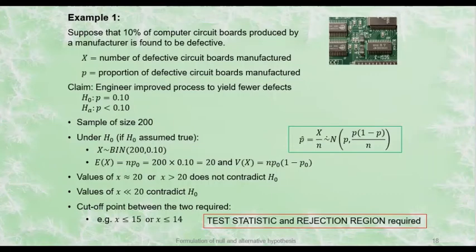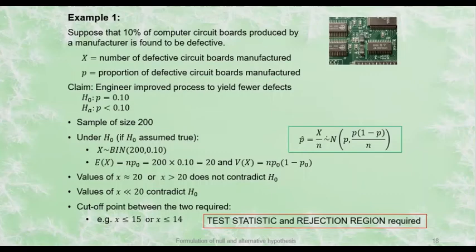Again, we have the same setting as the coin flipping problem. We have a left-tailed test, so we need a sample. We have 200 boards. We record the number of defectives. The number of defectives has a binomial distribution with parameters 200 and 0.1 if H0 is true. So the expectation of the number of defectives is 20.